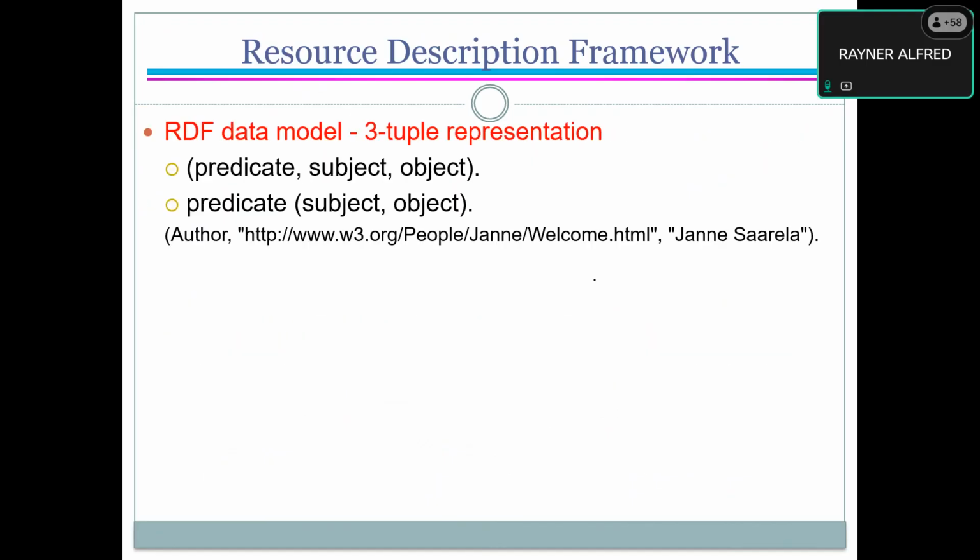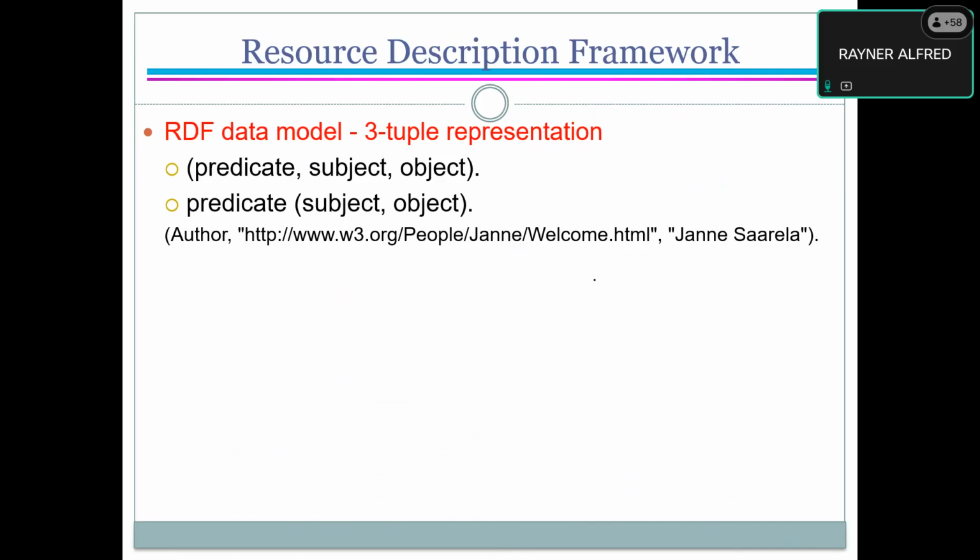For example, like this, we use 3 tuples to represent resource, properties, and values. So normally they are a 3 tuple representation: the predicate, subject, and object.